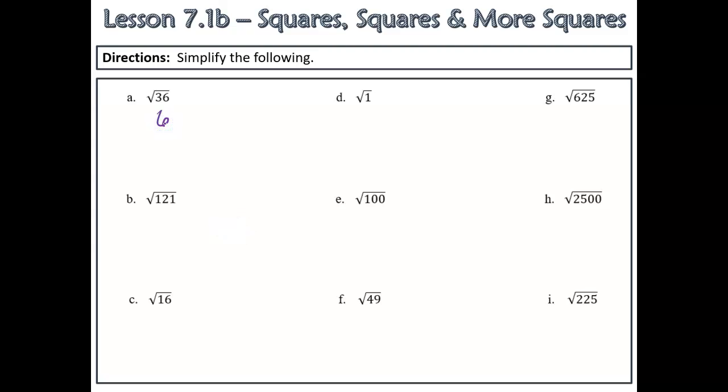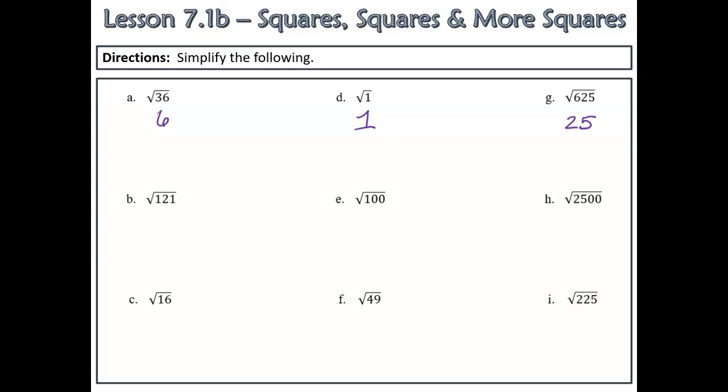That means 6 times 6 is 36. The square root of 1, or what number times itself equals 1, would be 1. 1 times 1 is 1. The square root of 625 is 25. That means 25 times 25 is 625.